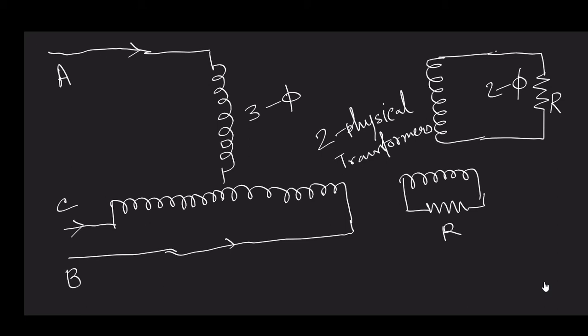But what would happen if you have one transformer having an iron core, and the other transformer is like this, working on two MMFs?